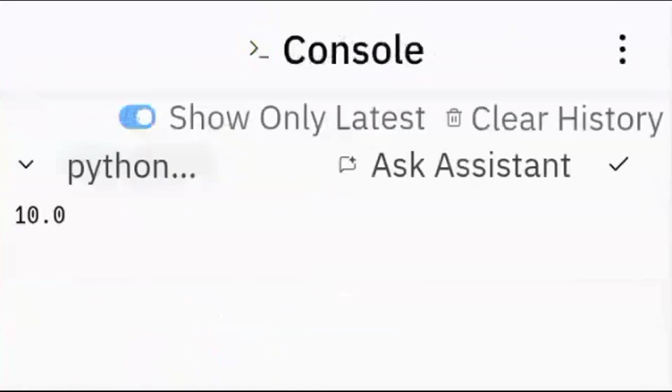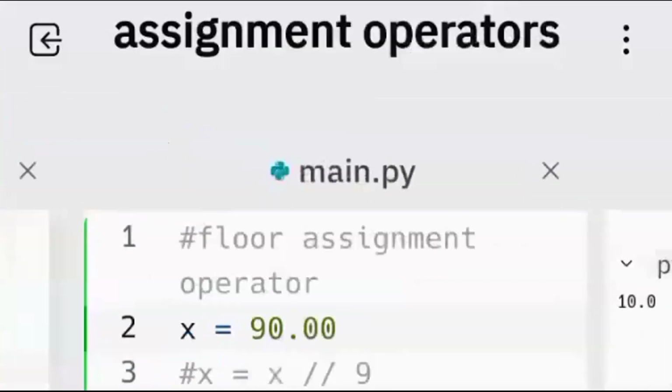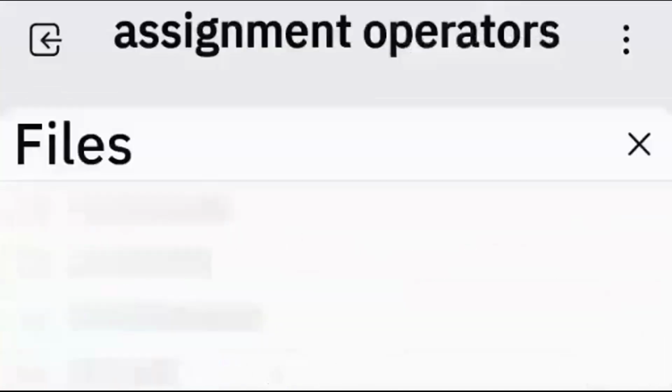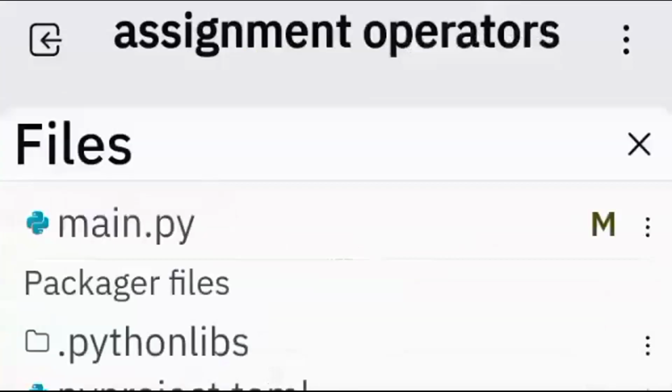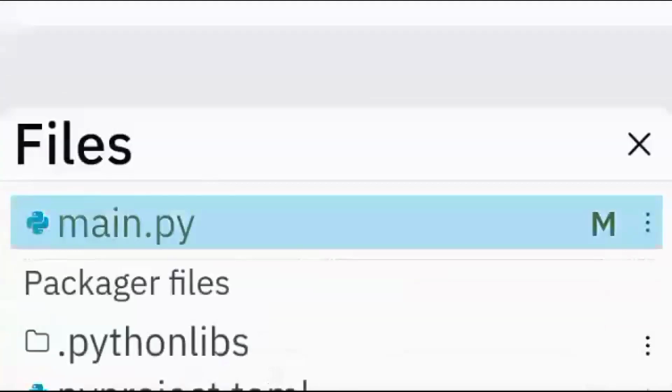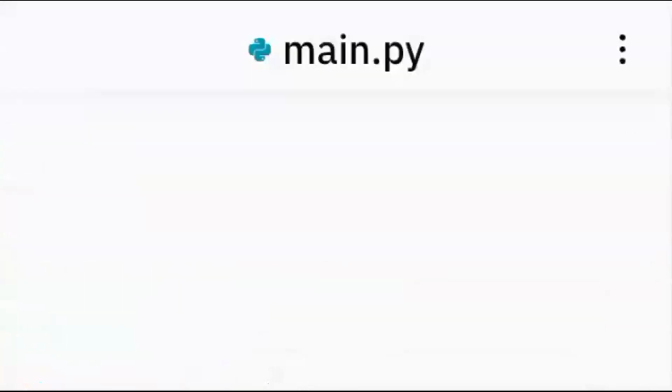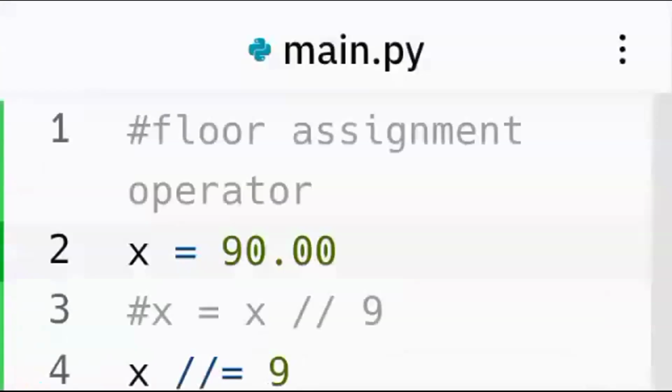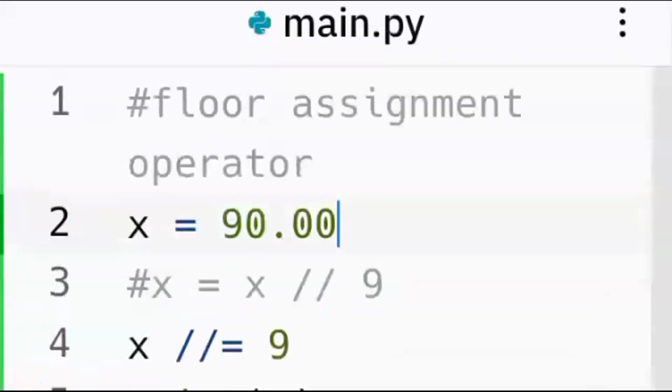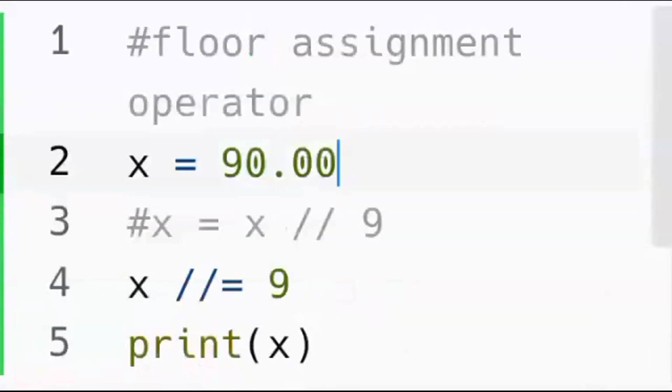Now with the floor value, if it's a float, the value after the decimal you're not supposed to assign back. And if it's a negative number, you have to assign the value which is less than whatever the result is. I'll show some examples to prove it.